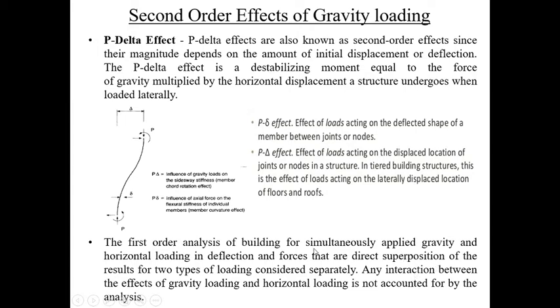The first order analysis of the building for simultaneously applied gravity loads and horizontal loading gives deflections and forces that are a direct superposition of the results of the two types of loading considered separately. Both gravity and horizontal loading values are analyzed separately and then their results are superimposed. If there is any interaction between these two effects, it is accounted for in the analysis.